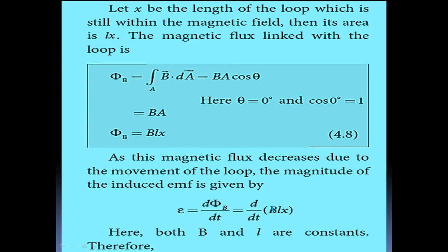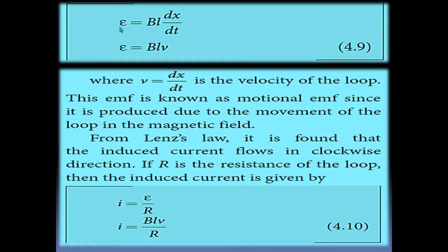The magnetic field B and the width of the rectangular loop L are both constant, so only the x value changes. That is why BL into dx by dt. So the equation can be written as epsilon is equal to BL into dx by dt.